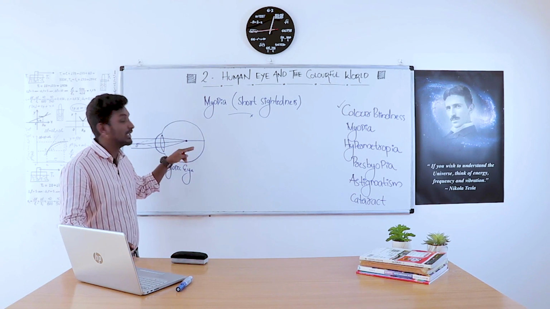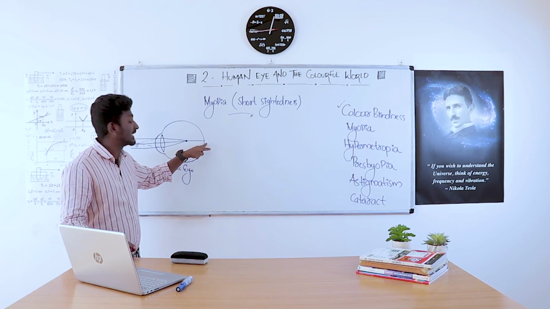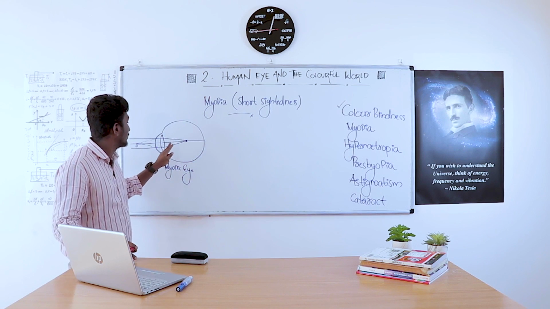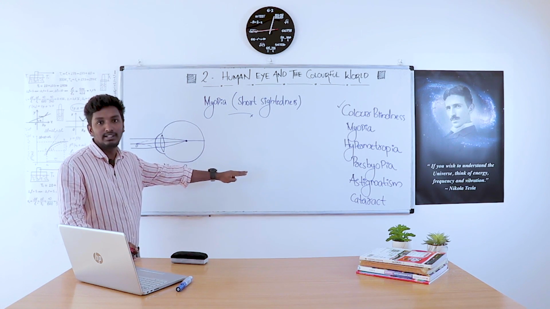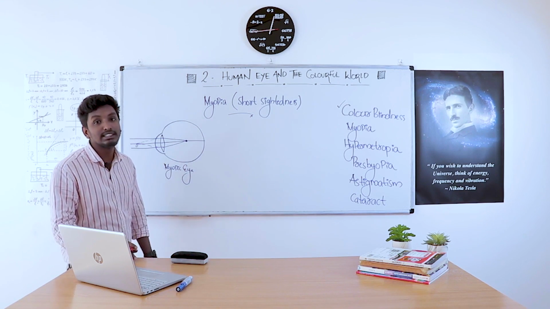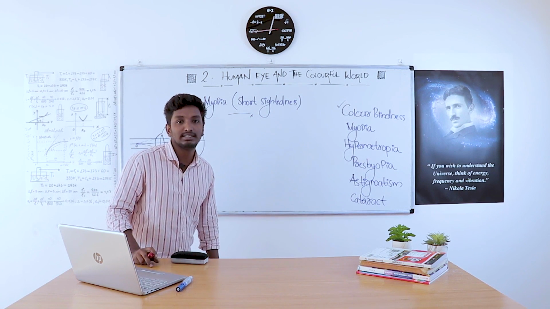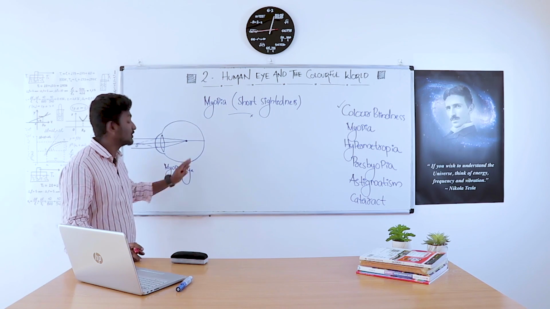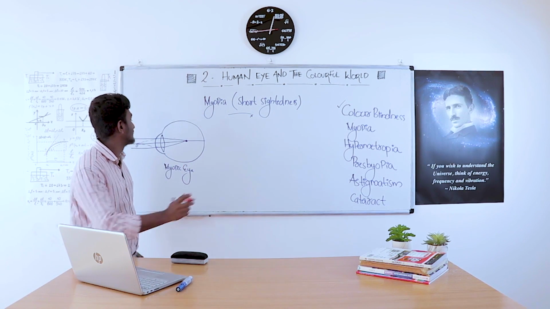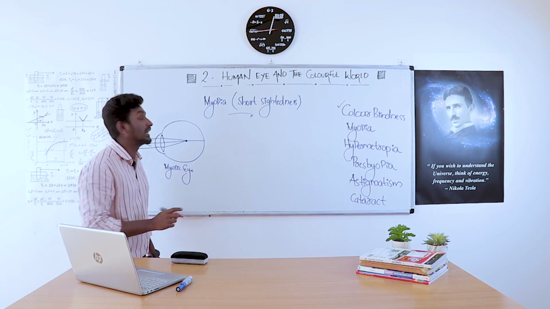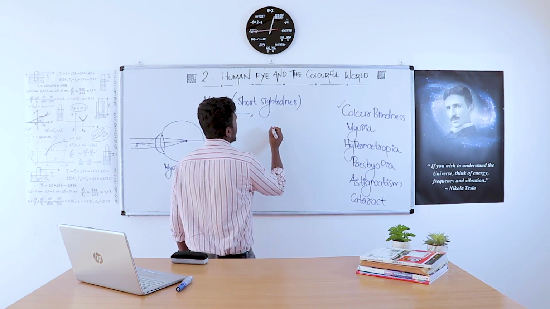We need to shift the position from here to the retina. For shifting the image backward, we need a diverging lens. Which is a diverging lens? It is a concave lens. So for correcting myopia, we can use a concave lens. Now we need to draw the correction of myopia.